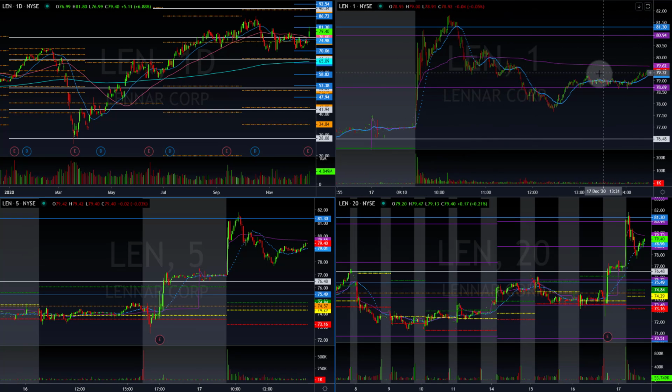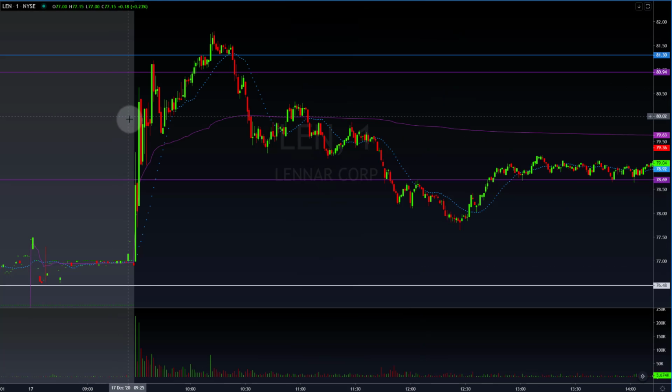So I'll open this chart here. Anyway, if you see here, after this flush, a quick flush down to the 79.70 area, it kind of grinded up. So I still had my hopes up for the 78 covers, but it kind of started grinding, right?